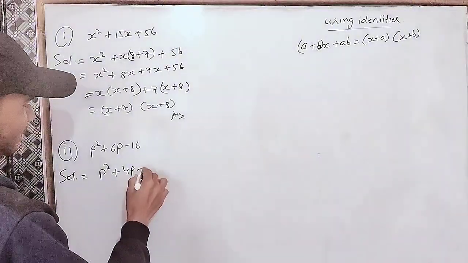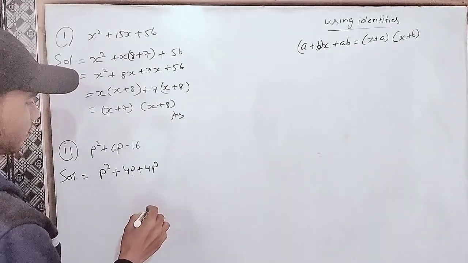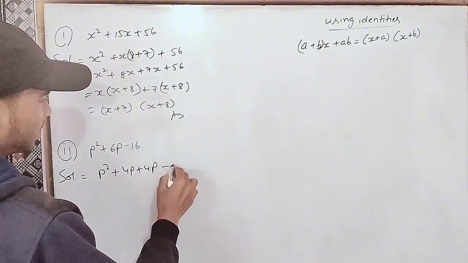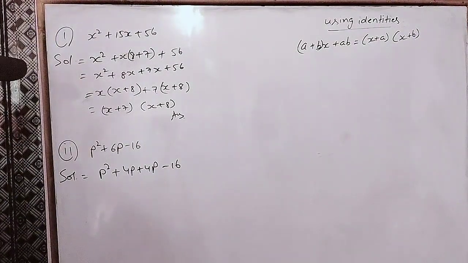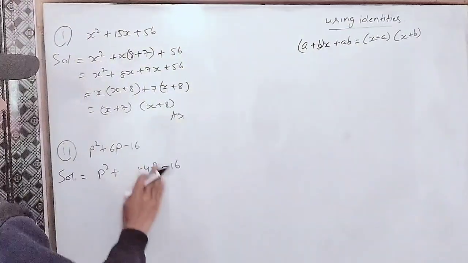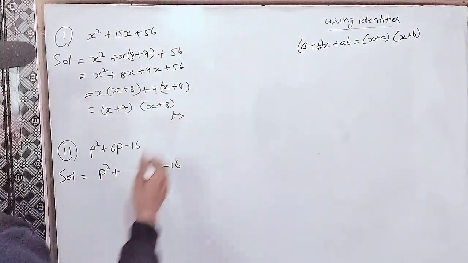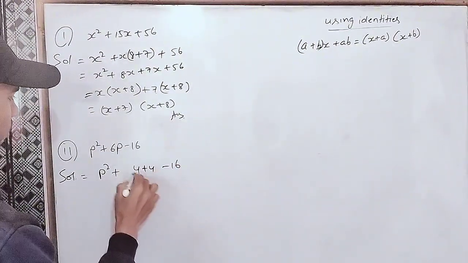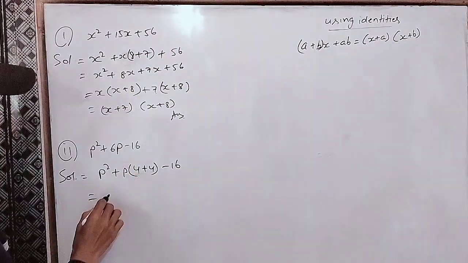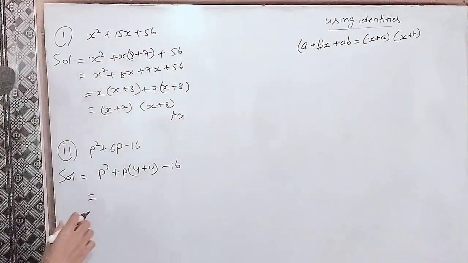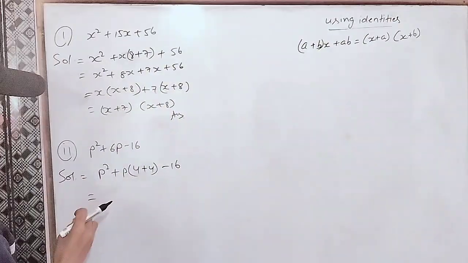So can we write it as 4p and minus 4p and minus 16? But one second. By using this method, 4 plus 4 with the p, we didn't change our equation.